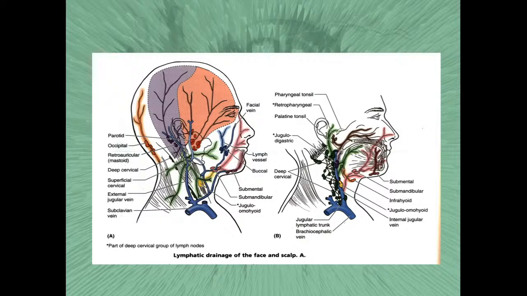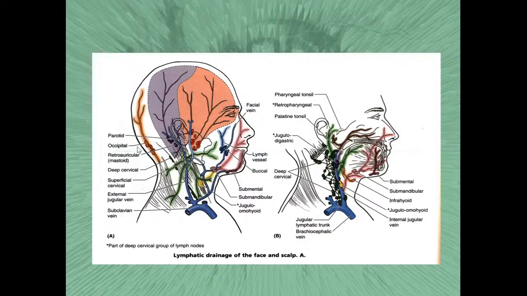Lymphatic drainage from the region of the head starts from the lymphatic capillaries, which are forming the superficial and deep three-dimensional networks. The superficial is located in the skin and the deep in the soft tissues of the head. Then lymph is collected to the lymphatic vessels, and lymphatic vessels transport it into the regional lymphatic nodes.